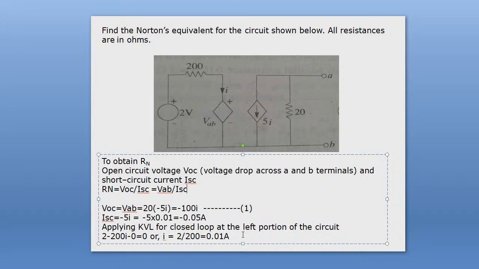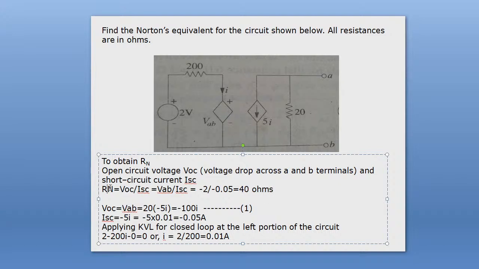You will get VAB equal to minus 2 volt divided by minus 0.05 ampere. So you will get ultimately 40 ohms.